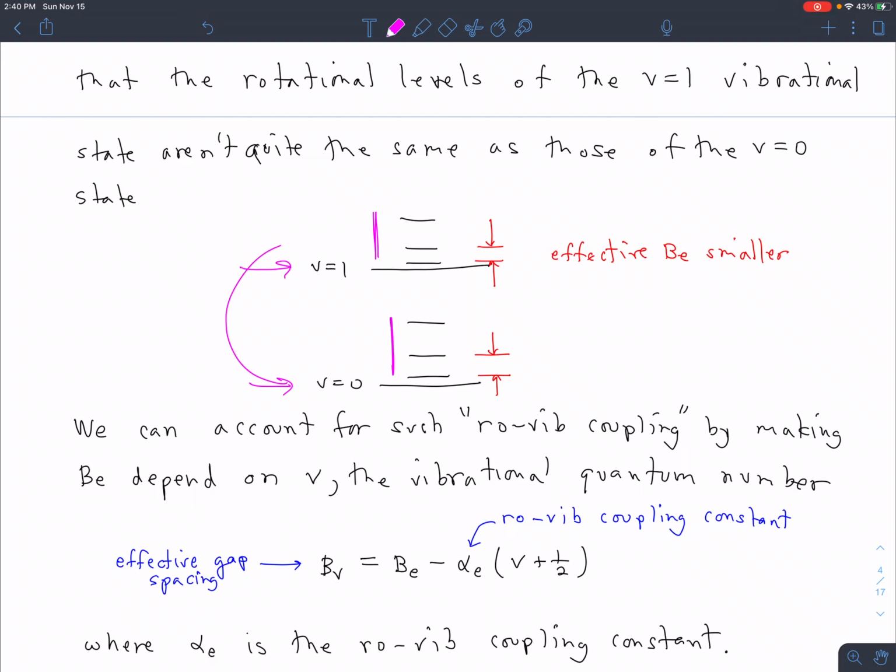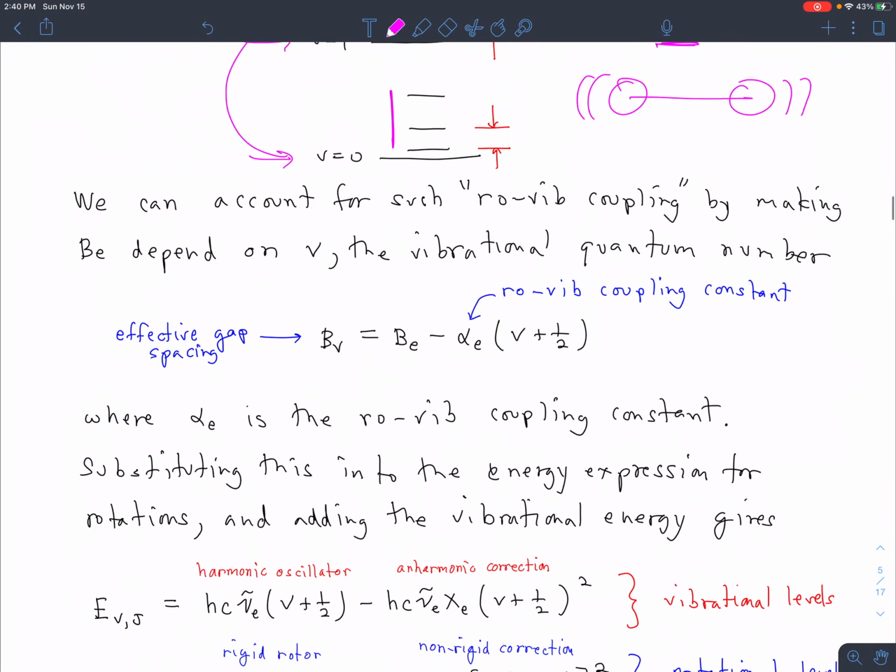In other words, going up a level in vibration means that we're vibrating more than we were, which means that the moment of inertia is a little different now. The average moment of inertia is a little different. That affects B sub E, and that affects this spacing, which affects the spacing between the peaks in the spectrum. So to account for that, we add this extra term.